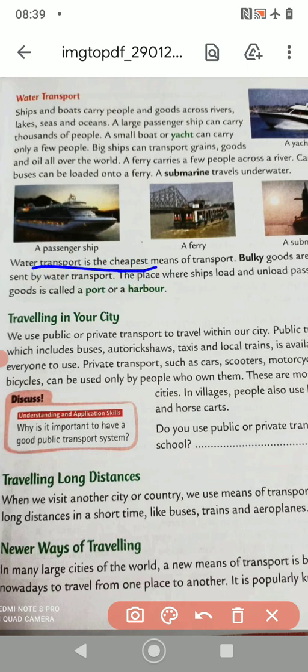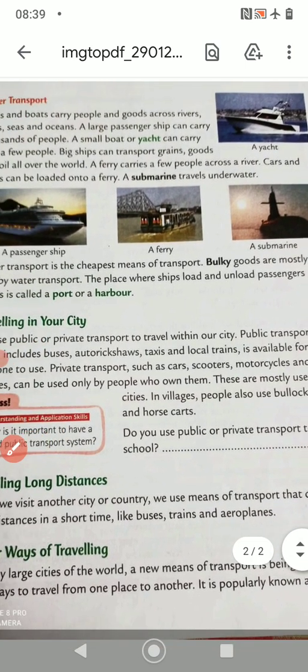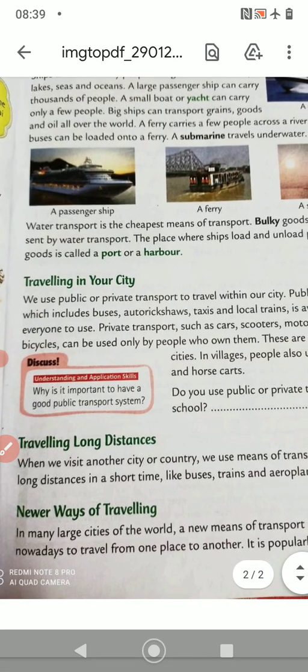Air transport is the quickest means of transport, but it is expensive. Cheapest means it costs less money. Bulky goods are mostly sent by water transport. Bulky goods means when the volume is too much, when it's too big and the amount is too much.